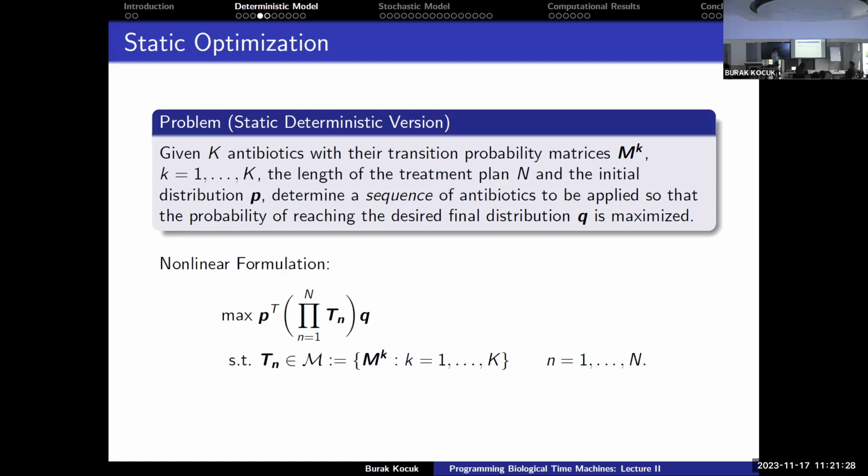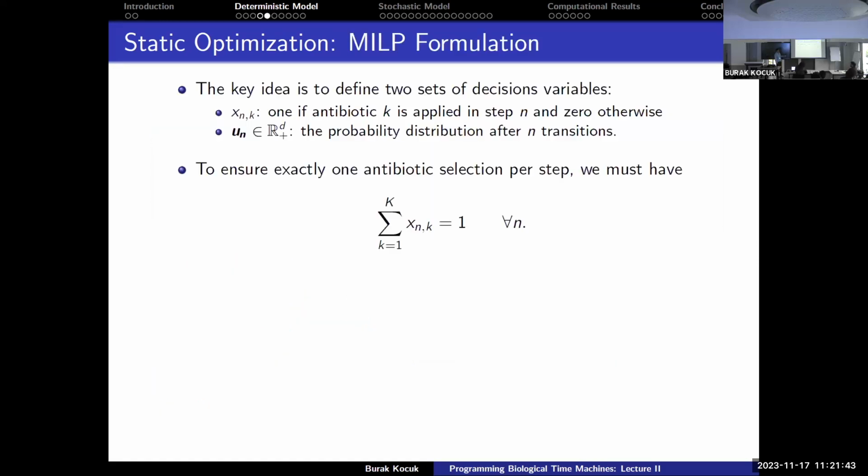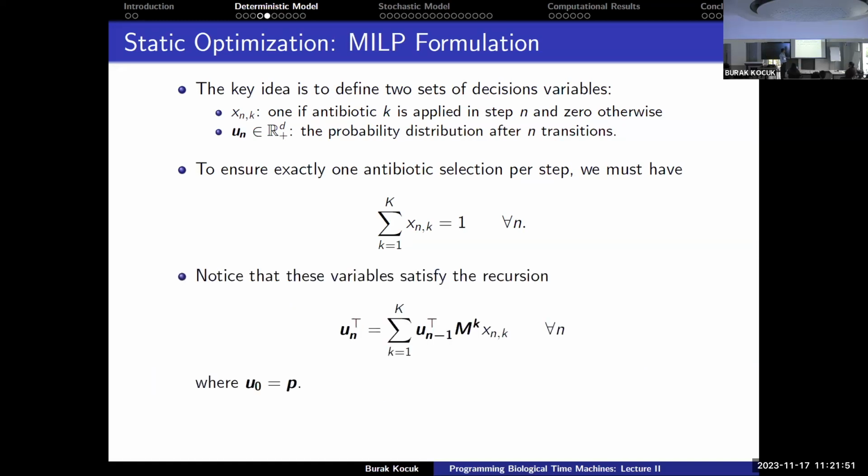And again, this is just a repetition. We have talked about this. I recall that we can formulate this as a mixed integer program. And again, remember the main idea. We had these X variables representing which decision you have taken in step n.